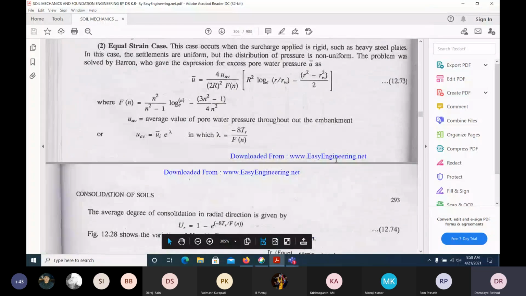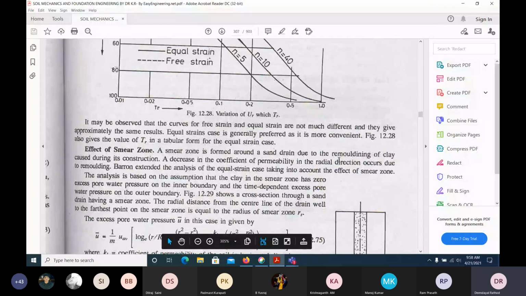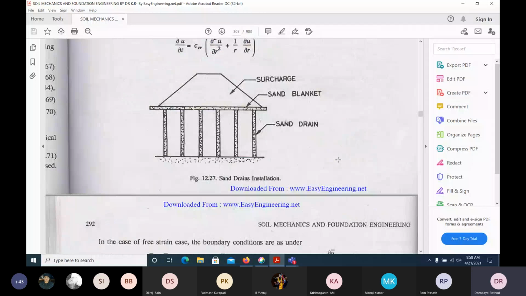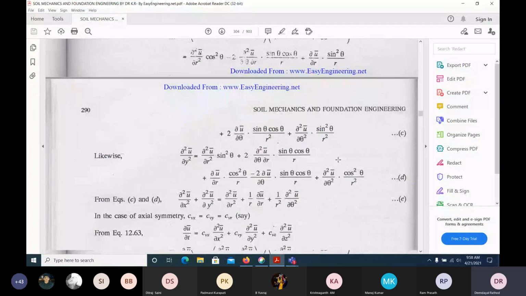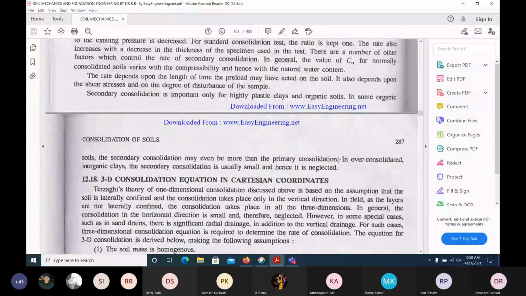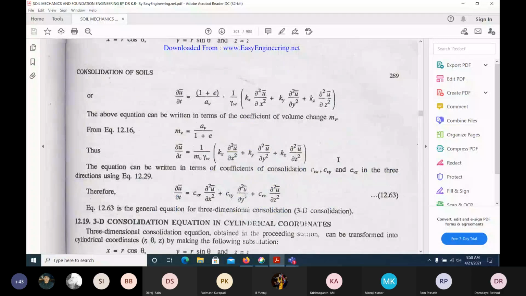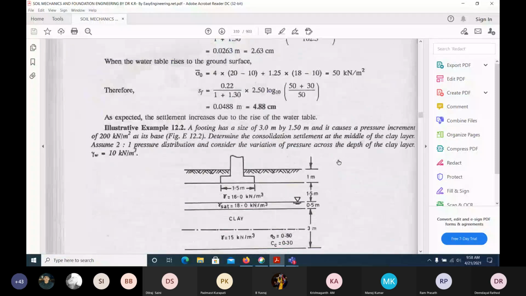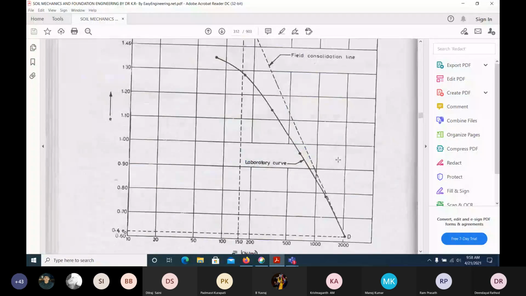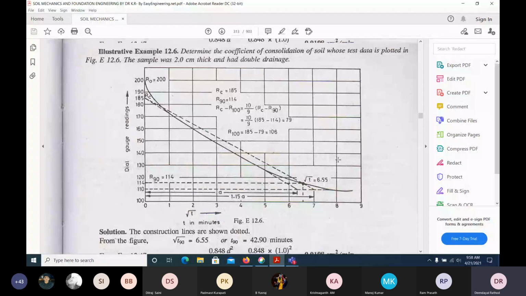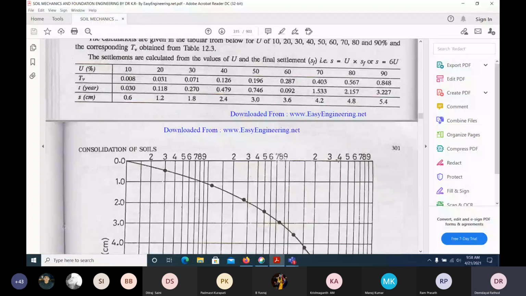So where we were, we will see some problem. Yeah, this kind of problem is given.